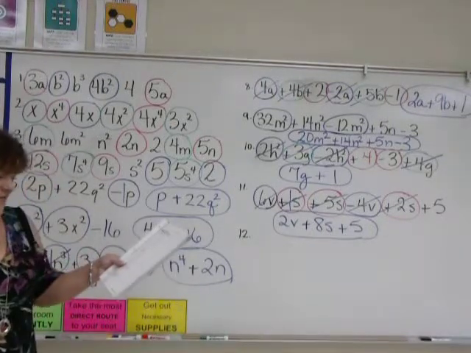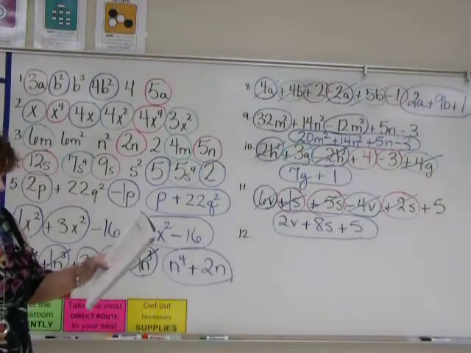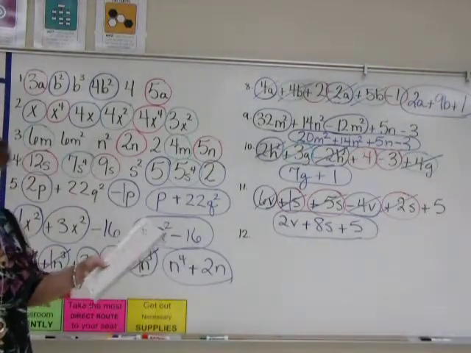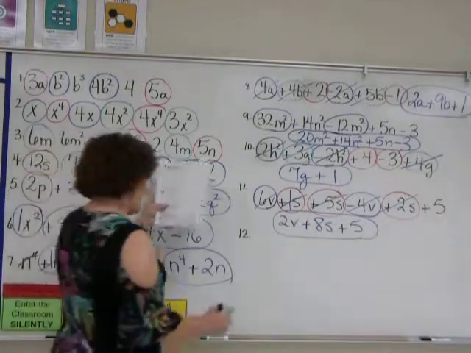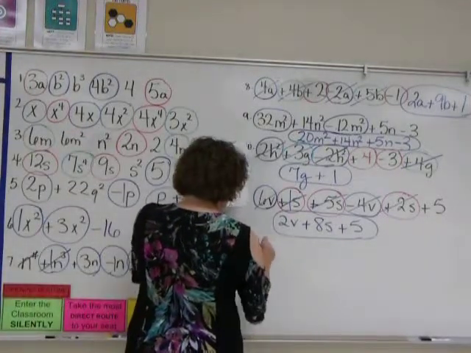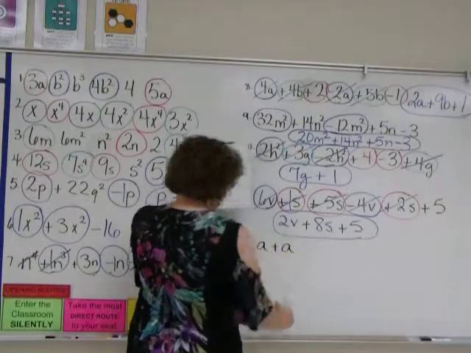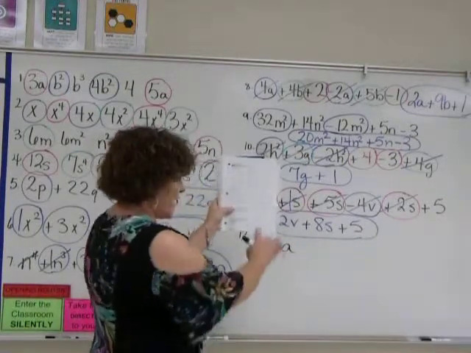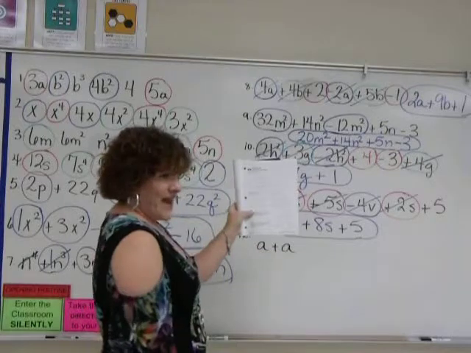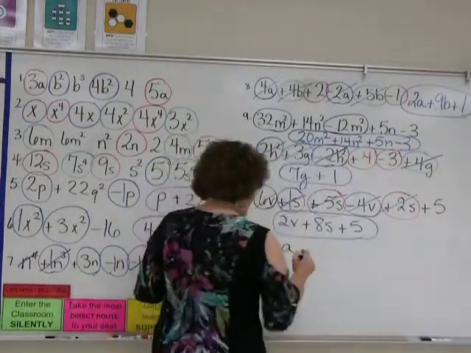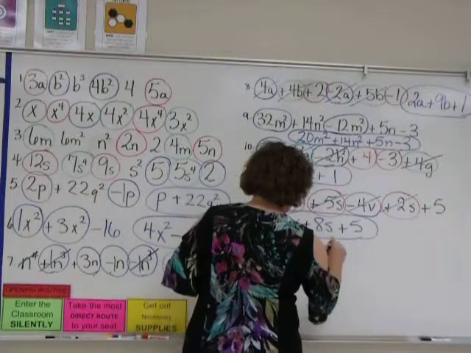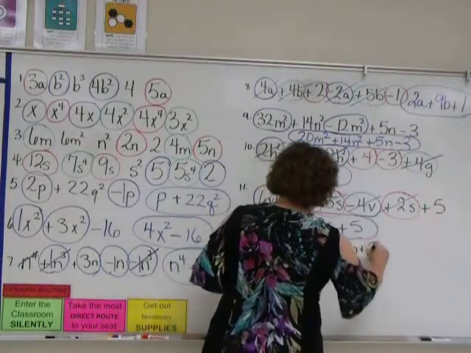Write an expression for the combined perimeters of the figures to the right. So now we're adding up the perimeters of the rectangle and the square. In a rectangle, opposite sides are congruent, or the same, or equal. So in the rectangle, you would have 2a, and you would have 2b plus 2.